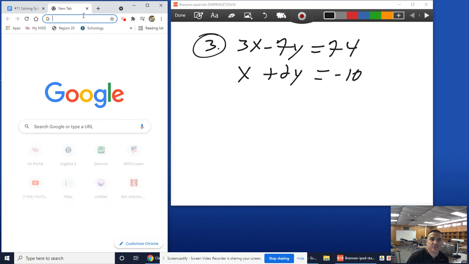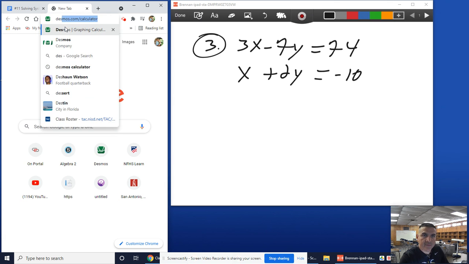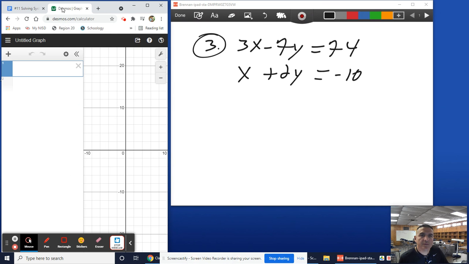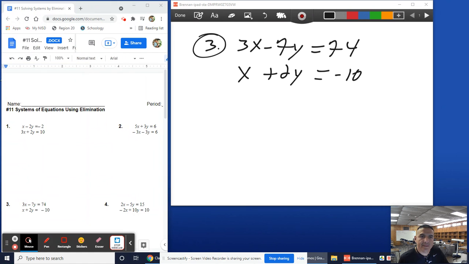All right, so I'm going to bring up the Desmos calculator to show something here. On this one right now, I don't have a coefficient that matches. I have a 2 and a 7.